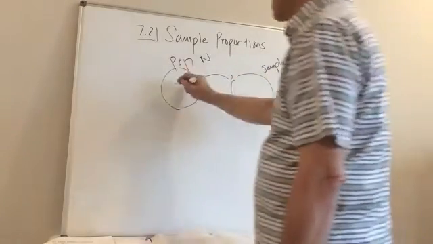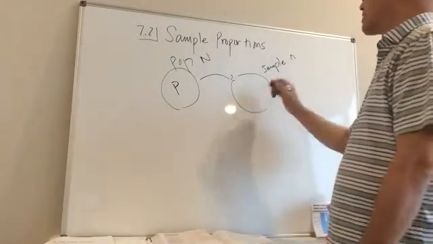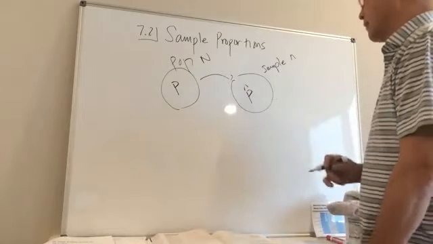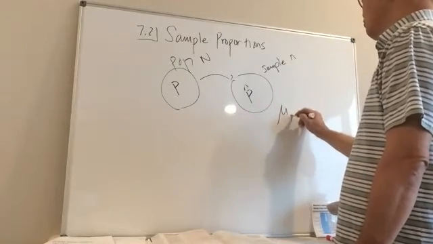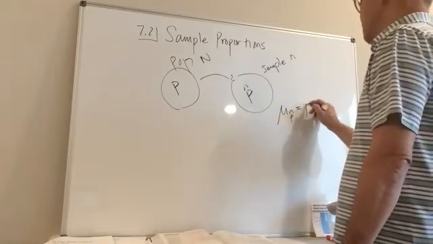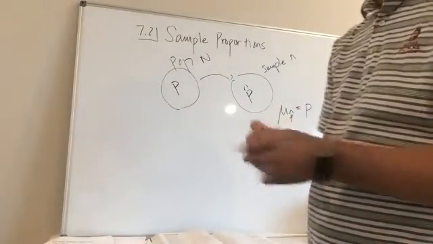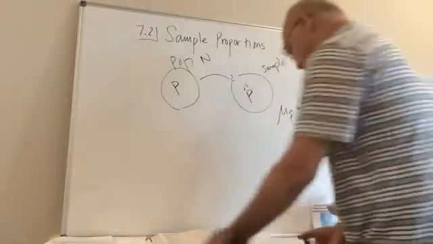The population has a true proportion p, and the sample proportion will be p hat. We already know that the mu of p hat is going to be equal to p. We already did that when we looked at the 0.5 of the blue chips versus red chips, right?